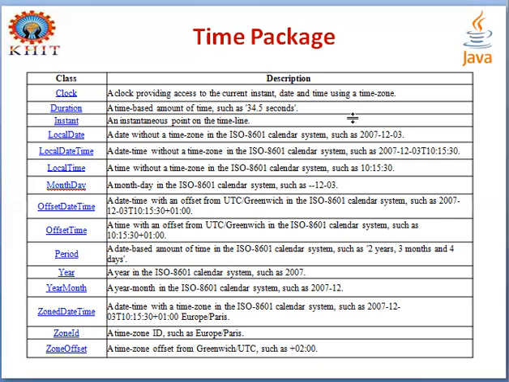So based on the time zone, it will display the time. Next, MonthDay. It will display only the month and day when you use this class MonthDay. Similarly, OffsetDateTime. OffsetDateTime is with an offset from UTC, Greenwich Mean Time. Okay.